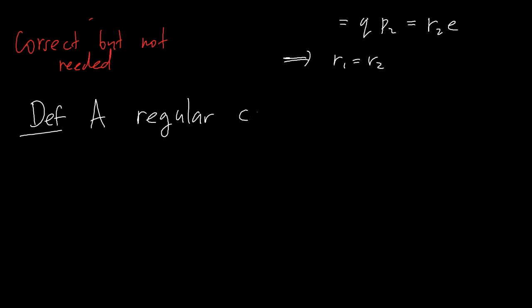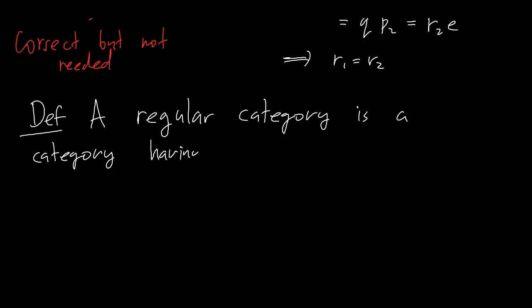I don't think I attended that lecture. A regular category is a category having the following three properties.